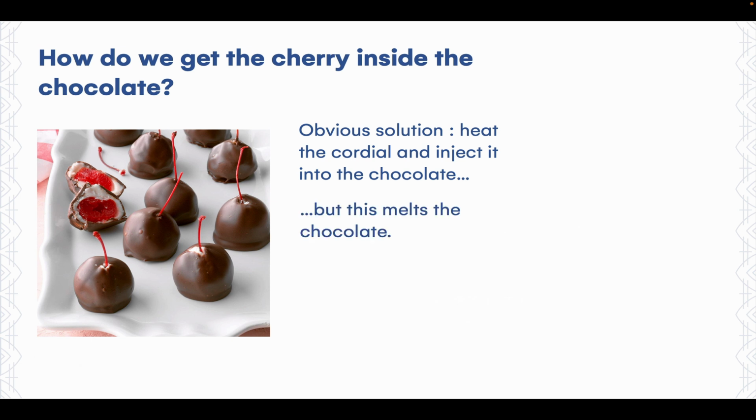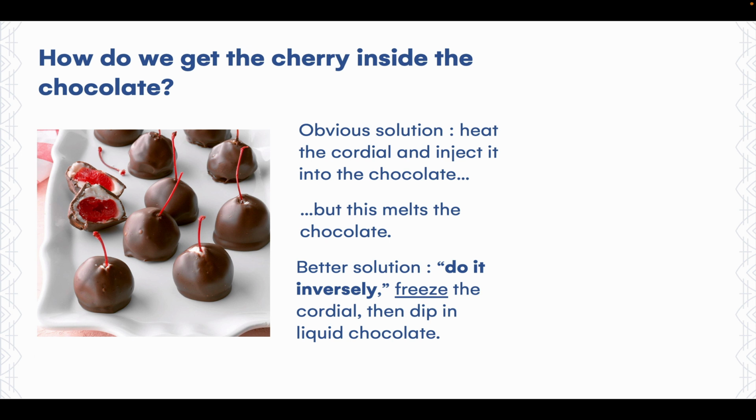But the problem is, then it's too hot and the chocolate melts. So how do you solve it? Well, the way that they actually do it is inversely. Freeze the cordial, then dip it in liquid chocolate. So it shows how sometimes to solve a problem, we need to think about it from the other way.